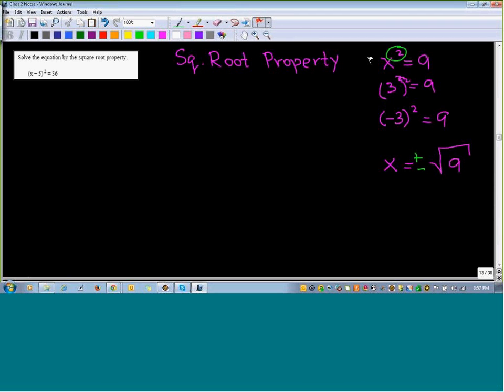Now I can bring that something up over here. One of them is x plus 5 equals 6, and the other is x plus 5 equals negative 6. So 5 to the right becomes 6 minus 5, which is 1. And then move 5 over here: negative 6 minus 5, which is 11.